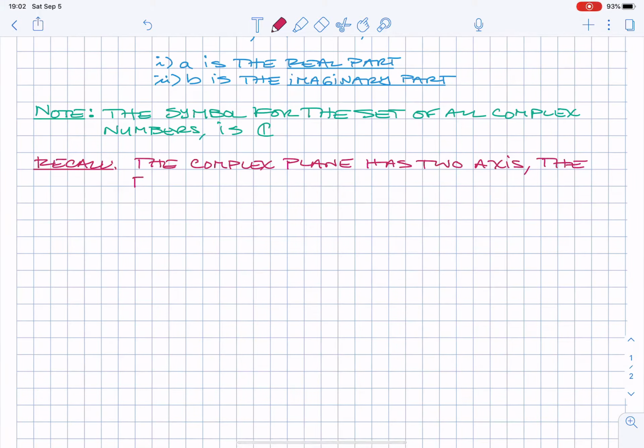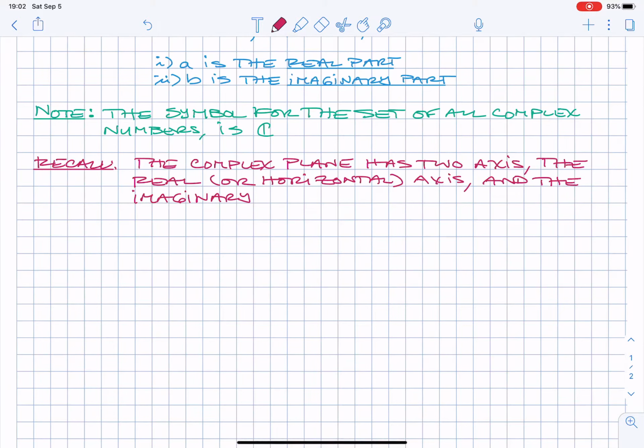The real or horizontal axis and the imaginary or vertical axis.